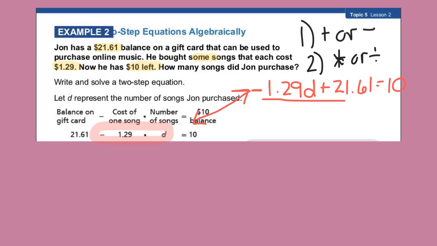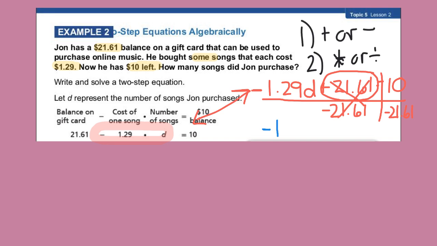All right, step one. I'm going to add or subtract my constant, which is right here. So the opposite of adding 21.61 is subtracting 21.61. This becomes 0. I'm going to change my color so we can see a little bit better.